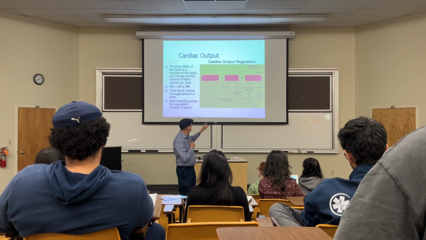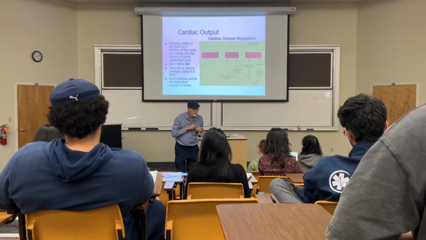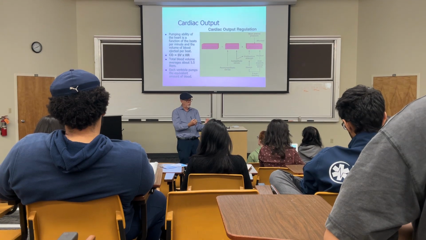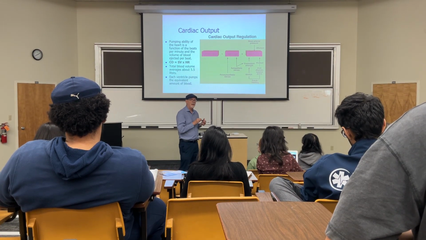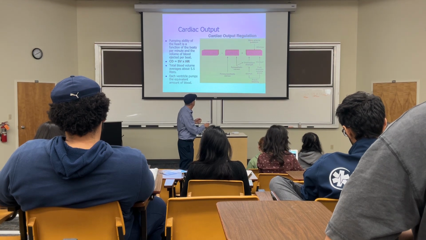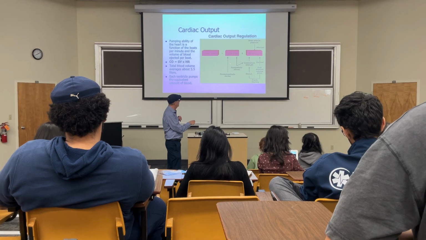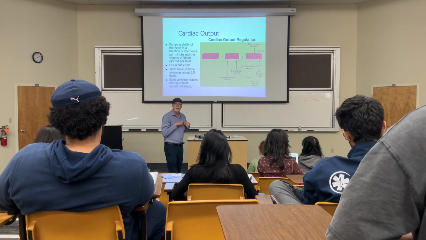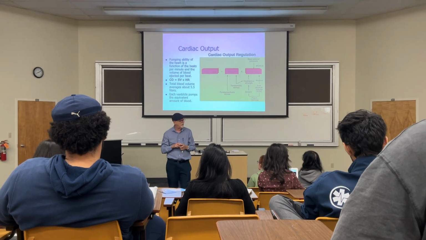So it doesn't need as many heartbeats. You can lower your heart rate if your heart is very strong and it puts out a high stroke volume, and it'll maintain your cardiac output. This one goes up, that one's allowed to go down. So you're resting your heart more because you don't have to have it beat as much.